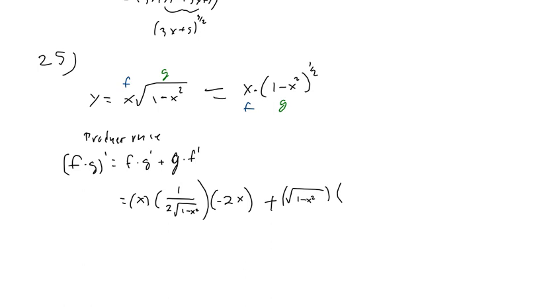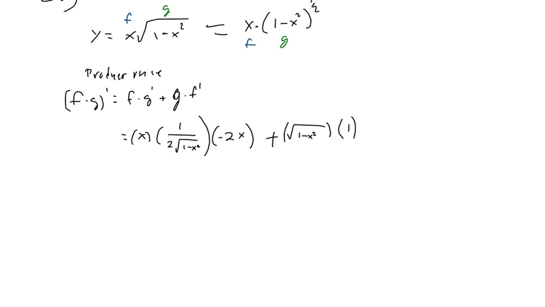Derivative of x is 1. So if I simplify this, the x and the negative 2x are going to multiply. I'm going to get negative 2x squared over 2 radical 1 minus x squared, just combining this stuff together.